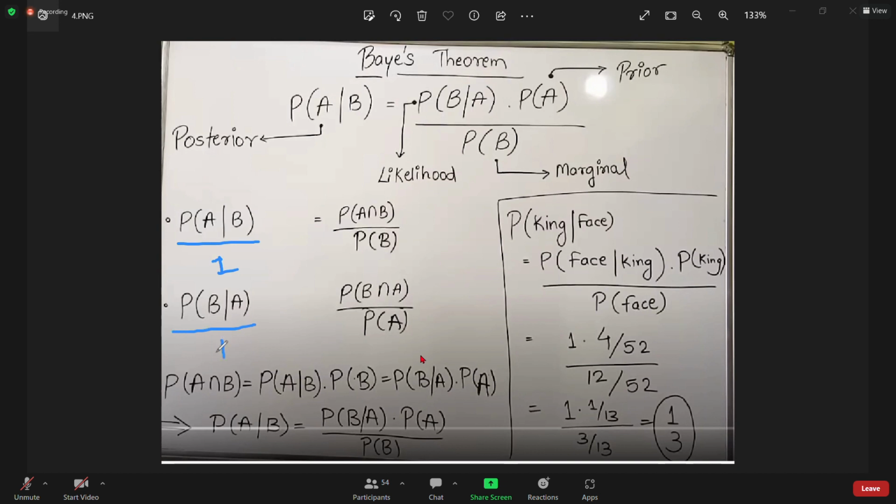Can this be a form or not? A given B is A intersect B divided by probability of B. Good. And B given A, denominator 1, equals B intersect A divided by probability of A. Possible? Can we write this? We can write. Let's do cross multiplications.